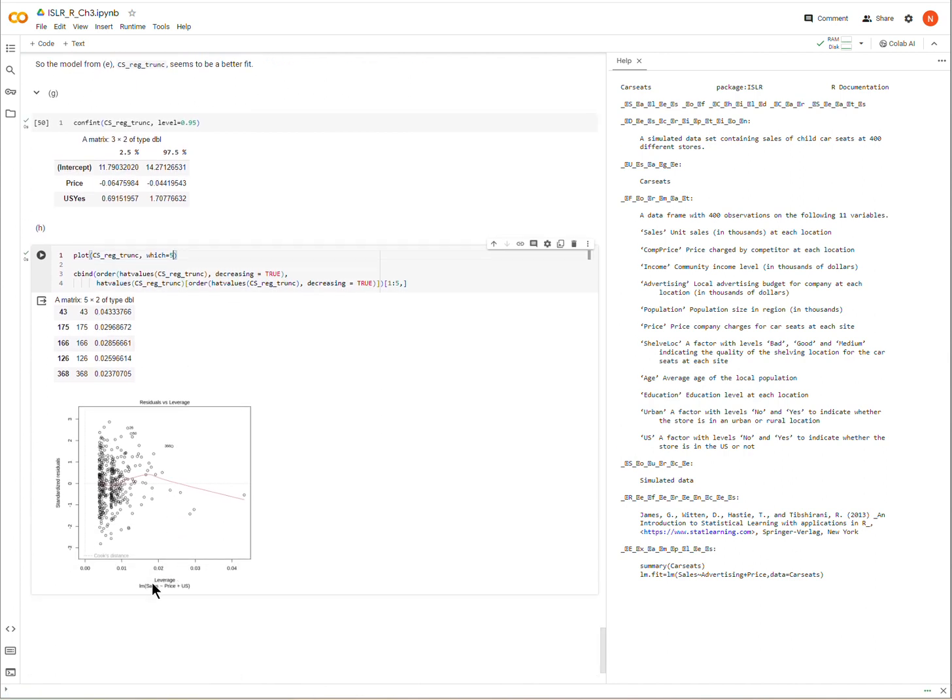Number 5 is mapping leverage and standardized residuals. So we can look for high leverage points out on the x-axis, and we see one that has more leverage than the others. I don't know that it's necessarily a high leverage point, but it's higher than the others, and maybe a few other moderately high values. But just because something is high leverage does not mean that it is an outlier necessarily.